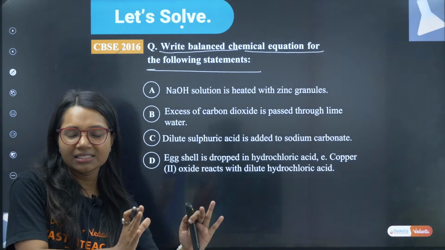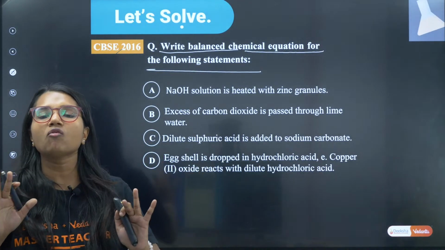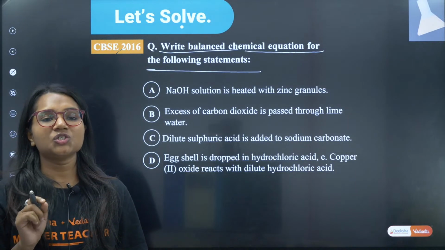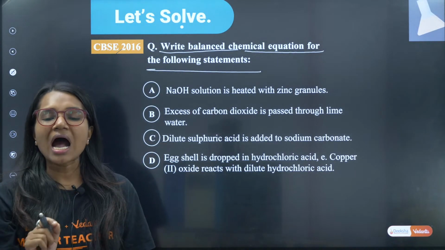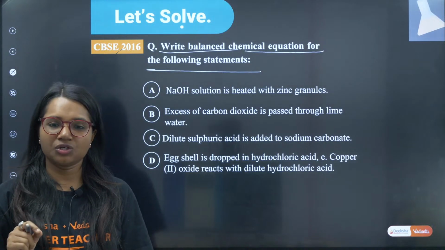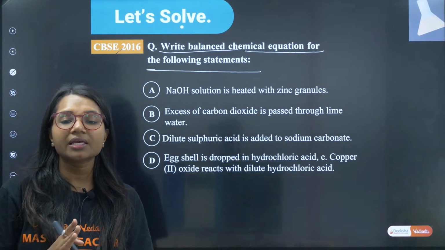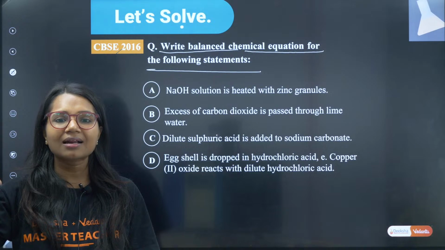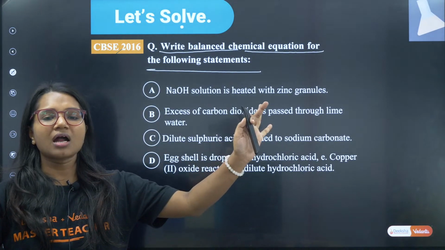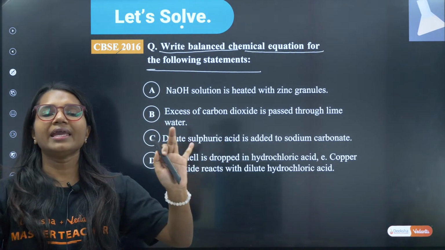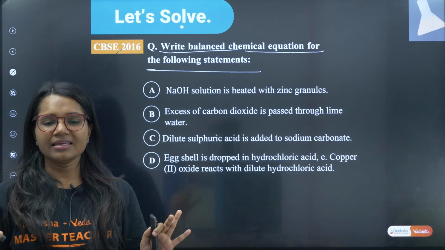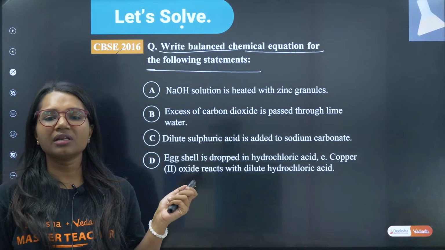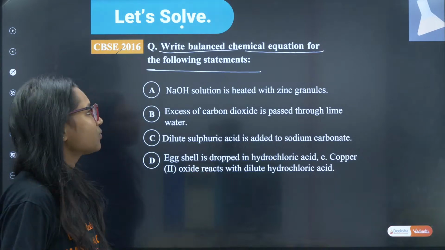Whatever you know, reagent gives product, you can move on. But if they have mentioned balanced, you have to write the balanced equation. What is the meaning of a balanced equation? The number of atoms of reactants and products on both sides should be the same.